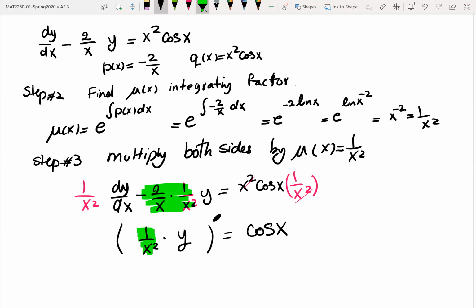Just to make sure my computation is correct, 1 over x squared differentiated is going to be minus 2 divided by x cubed, and that is really the derivative of 1 over x squared. Yes.